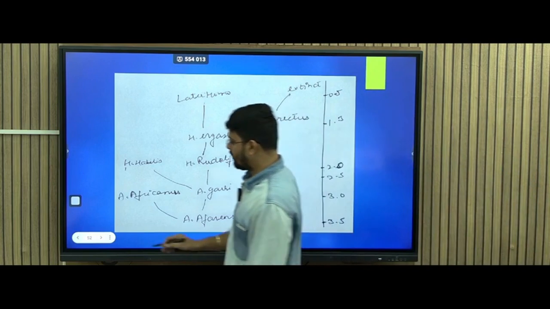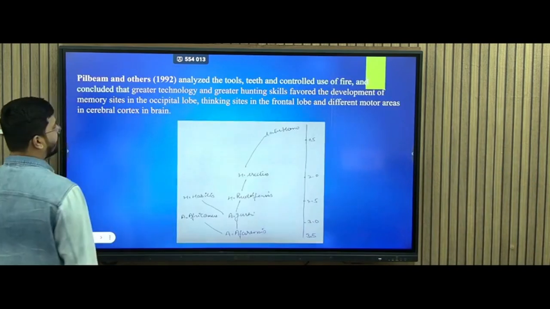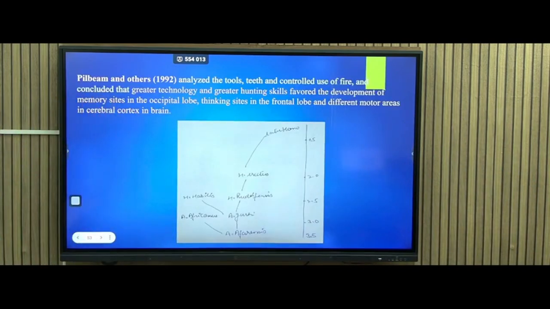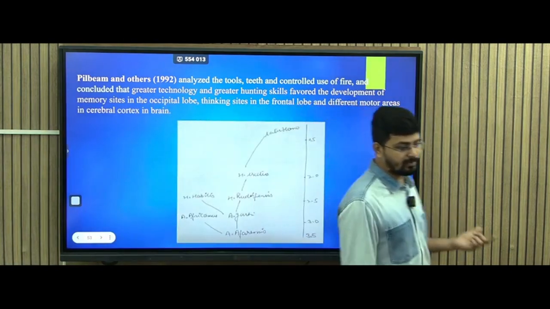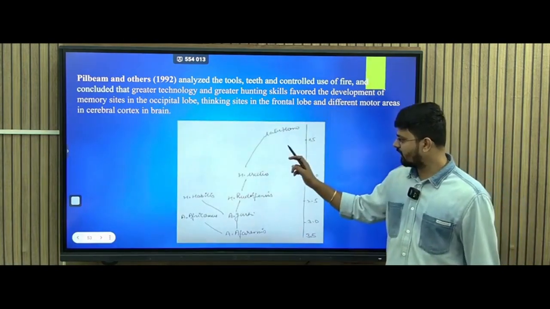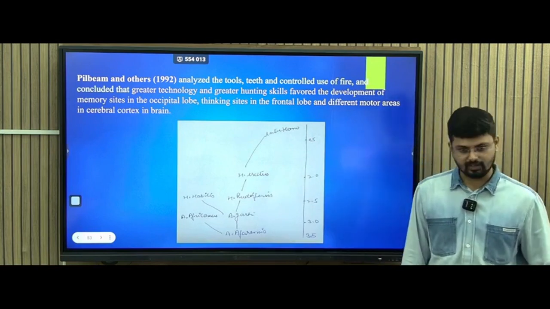There is one more phylogenetic status given by Pilbeam and others, who analyzed the tools and the rest of the things that we have seen, the technology and cranial capacity. By seeing all these things, they tried to put erectus in the line of Homo sapiens; they believe that Homo sapiens evolved from Homo erectus.